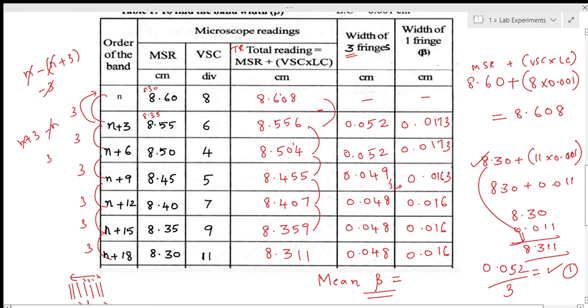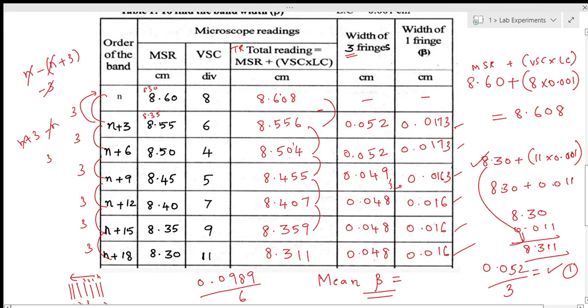That is 0.0173 plus 0.0173 plus 0.0163 plus 0.016, 3 times I am adding it. I got the total value of all these as 0.0989, divided by 6, because I have 6 values here: 1, 2, 3, 4, 5, 6.